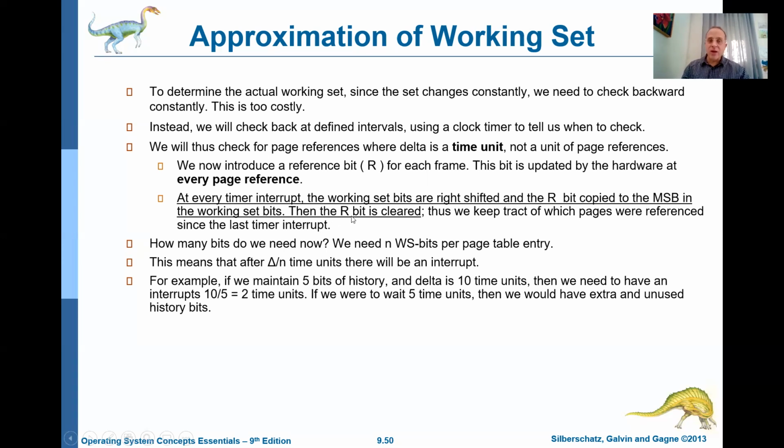Then I clear out, I make 0 the R bit. So that until the next interrupt comes, the R bit will remain 0 unless somebody accessed that page. So I know now who was accessed in the intervals between each interrupt.